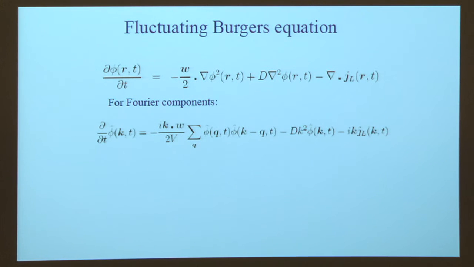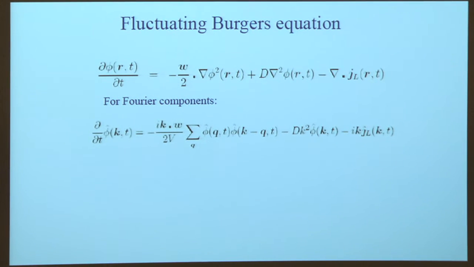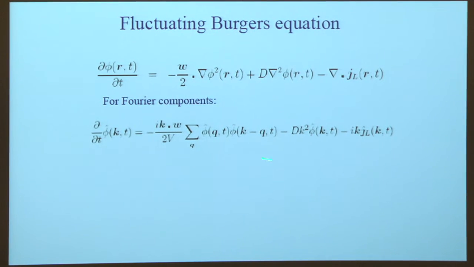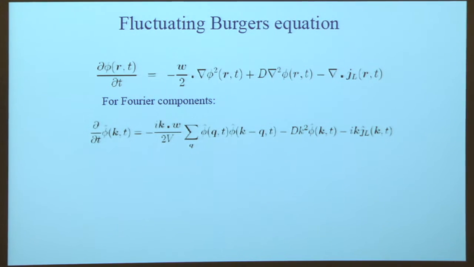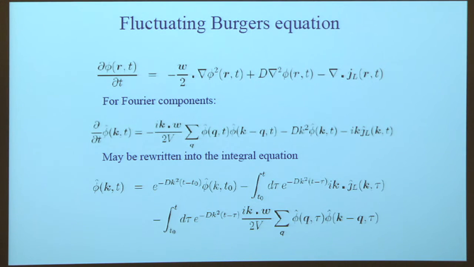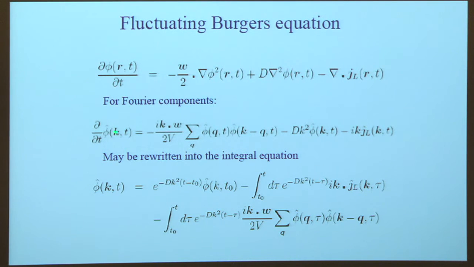One can Fourier transform this equation, so d/dt phi(k,t), and now the nonlinear term becomes a convolution product, and for a finite system you get a sum over q values fitting on the system. This may be rewritten in the form of an integral equation, where this term and this term describe a homogeneous linear equation, and these two are the nonlinear contributions.